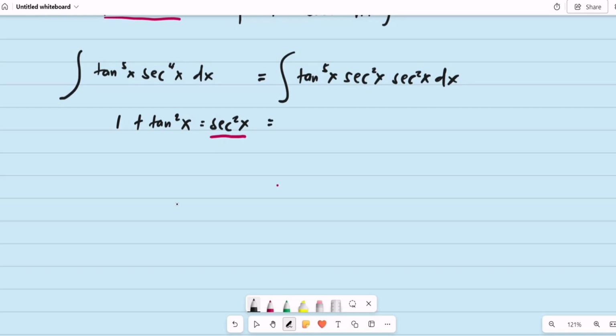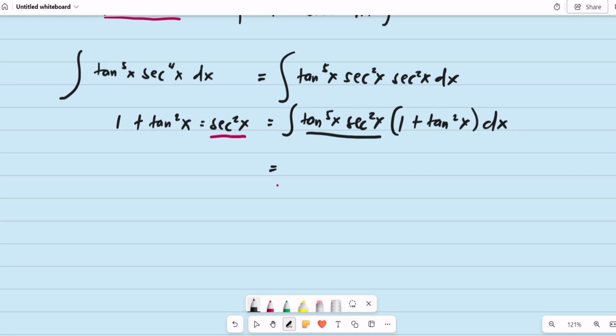So that will be equal to the integral of tangent raised to 5 x, then secant squared of x. Again, the equivalent of secant squared x is simply 1 plus the tangent squared x, multiplied by dx.